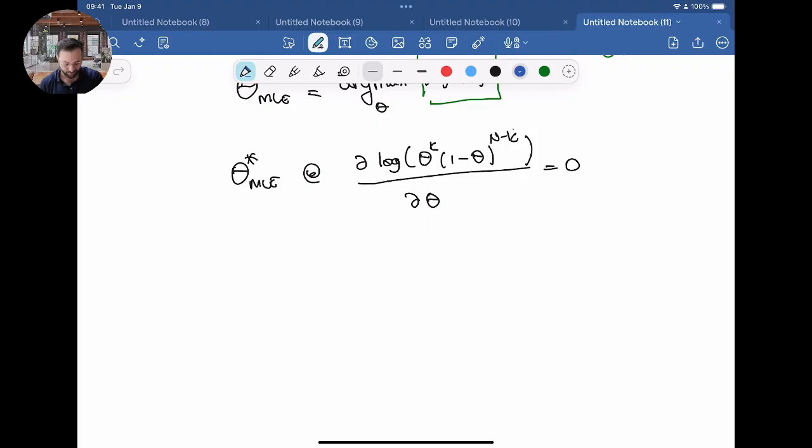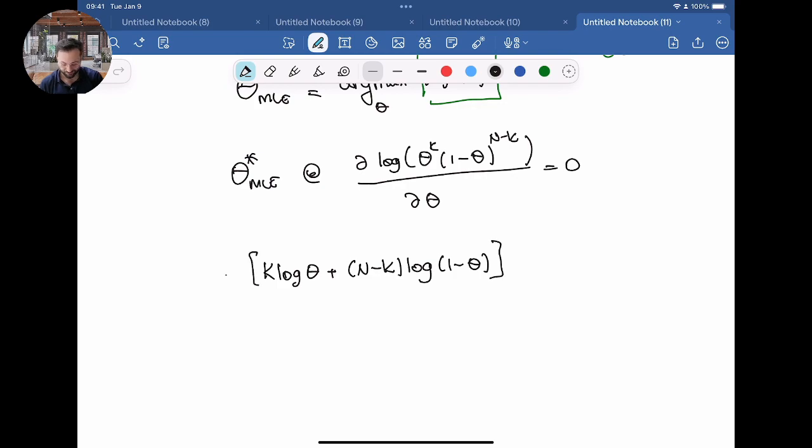So this is going to be a summation. Exponentiations become multiplications. So k log theta plus n minus k log 1 minus theta. So that's the log of this term.